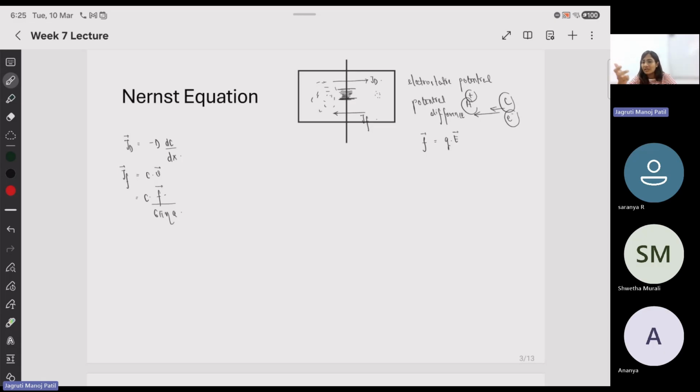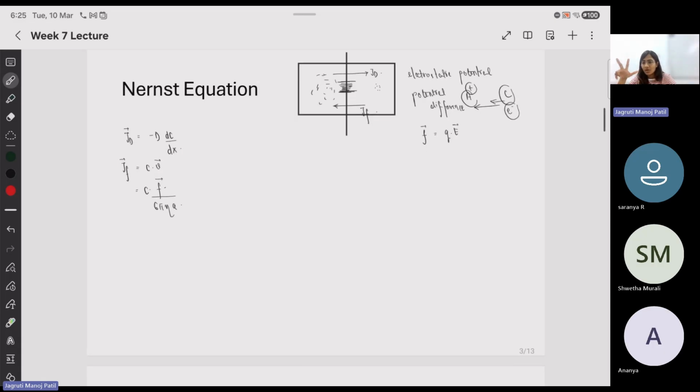There are laws for the magnetic and electric field, like the Lorentz law, where you see in which direction the field is going: perpendicular, parallel, into the plane, outside of the plane. So in this case, the force is defined as charge times the electric field.